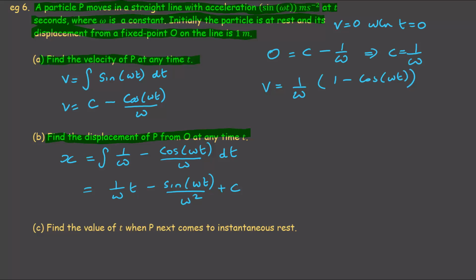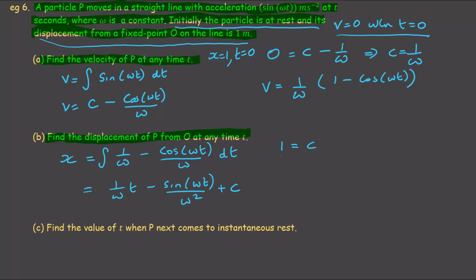Now we're told initially the particle is at rest, so that's v equals 0 when t equals 0, and its displacement from a fixed point on the line is 1, so that's x is equal to 1 when t equals 0. If we substitute those in, we get 1 is equal to c, because sine of 0 is 0 and 1 over ω t would be equal to 0.